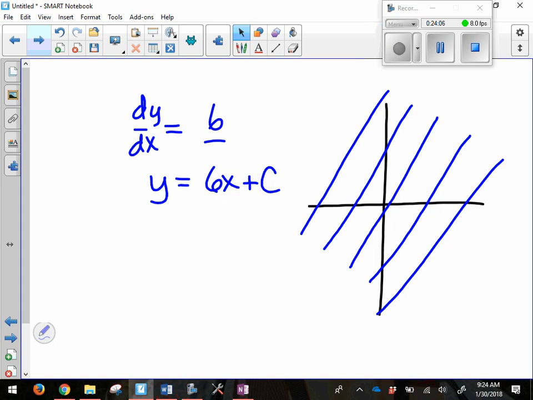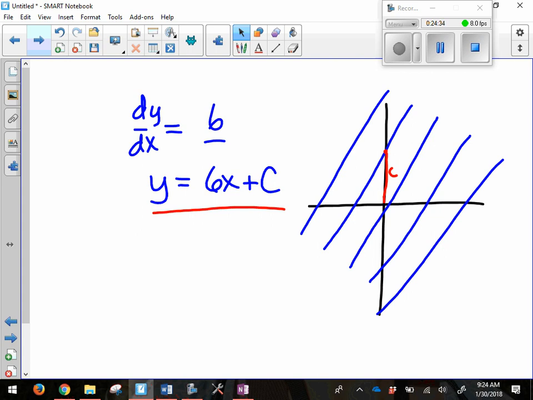So that's why we write the plus c. Because what c does is pick out which one of those solutions I'm going to use. So the general solution, which is this, is often called, especially when we get into the differential equations part, a family of solutions.